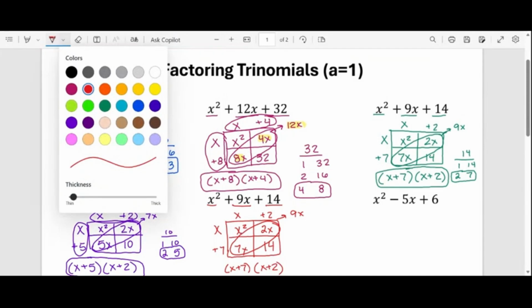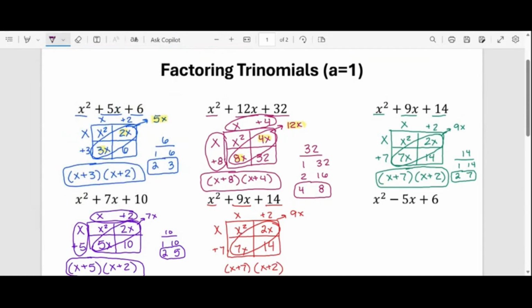Now, we have a challenging question here because this now has a negative value. So we're going to set up our square as always, and then we're going to talk through what we do whenever we have a negative value in the middle. So our x squared's here, adds up to negative 5x, and then multiplies to a positive 6. So we obviously multiplied x times x to get x squared.